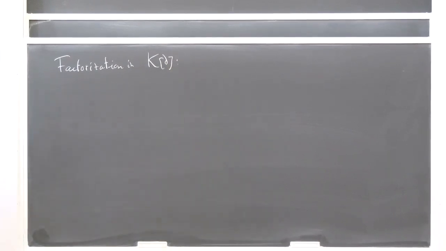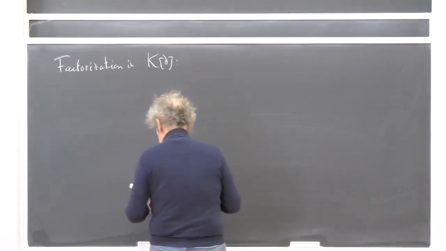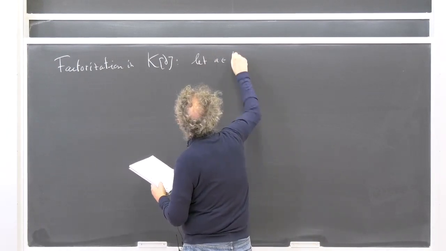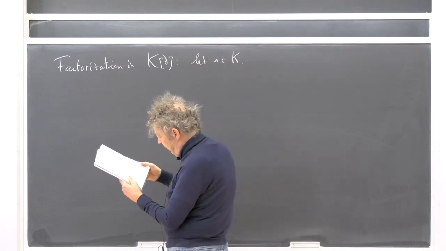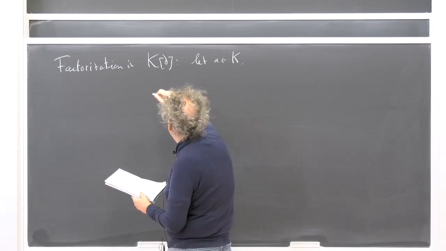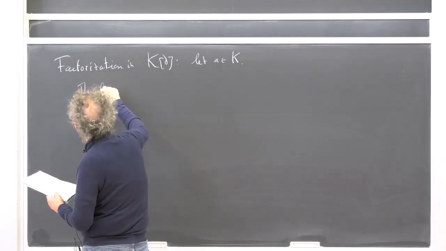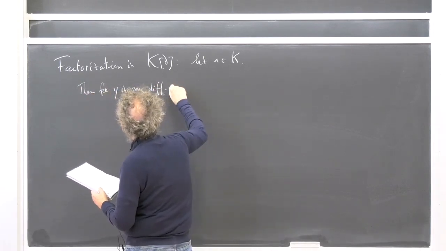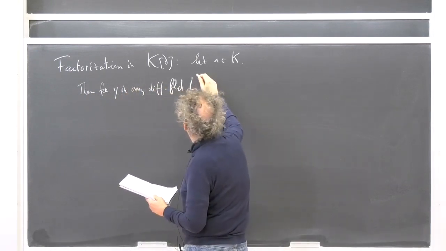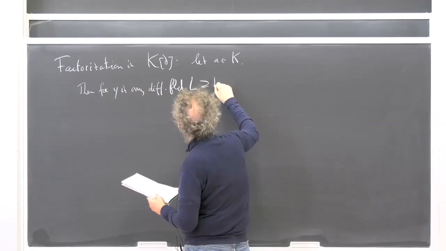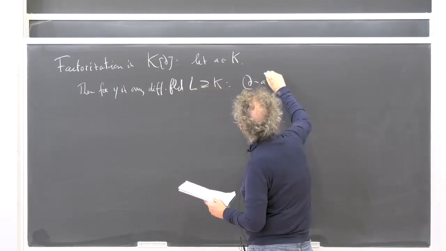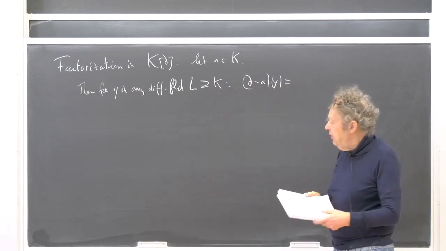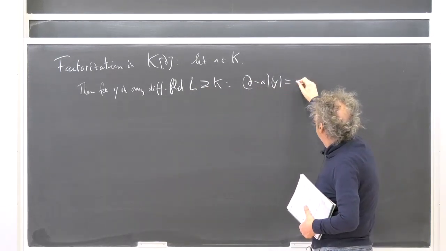First, let A be an element of K. Then what are the zeros of delta minus A? For y in any differential field extension containing K, what does it mean for this linear, order 1 operator to have y as a zero?